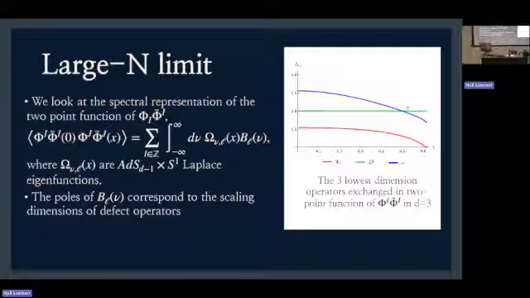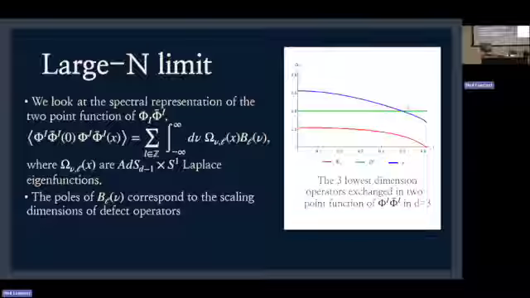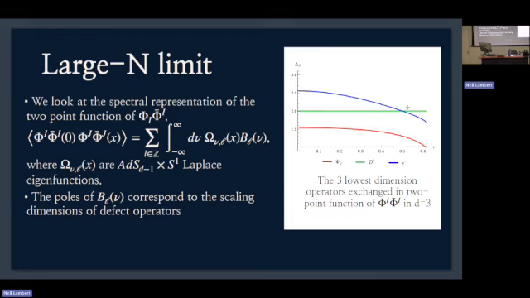But people have managed to do it for the pinning field defect in 3D. But that involves looking at a 4 minus epsilon expansion where it flows to a line defect in 4D, and we can't do that with monodromy defects. They have to be codimension two. So we can't directly use what they do. So maybe in some way, but it's not a particularly obvious way to do it.